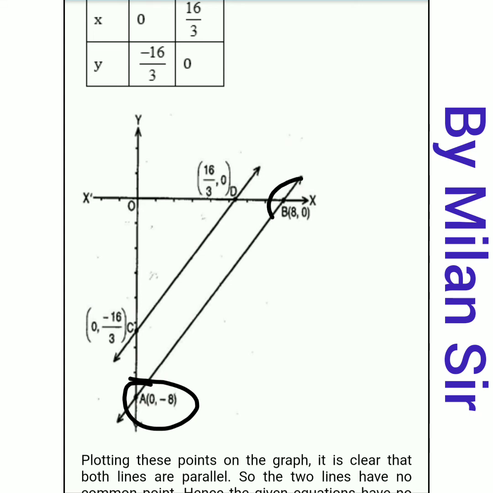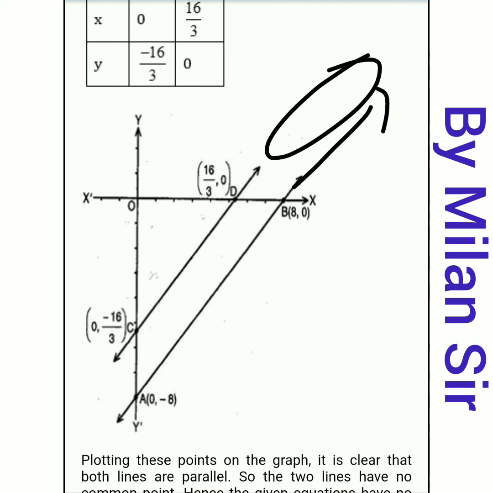And 8, 0, with y equal to 0, lies on the x axis. Join these 2 points and you will get this line. Just extend this line and write down the equation of the line here. It's a good habit. Here it is not written, but you can write.